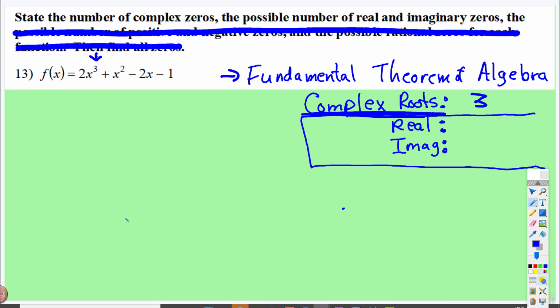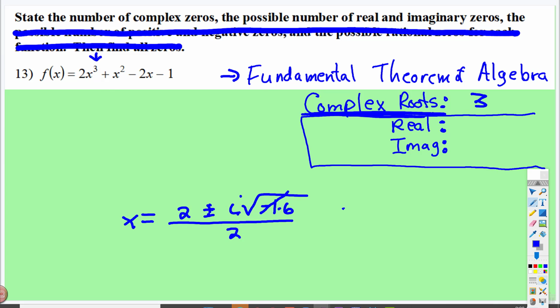Think about when you have a quadratic, and let's say you have 2 plus or minus the square root of, say, -6, which is -1 times 6. But the square root of -1 is positive or negative i. Well, i is imaginary, and it comes in pairs, positive or negative. So sometimes functions will have imaginary roots.